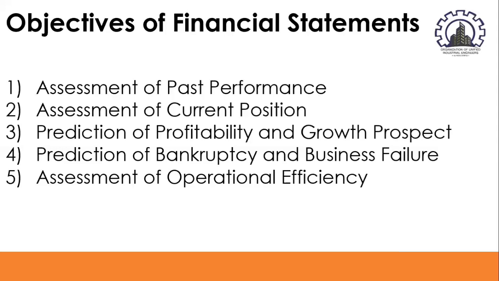And finally, we have assessment of operational efficiency. Financial analysis, remember, can also assess a company's operation through comparison of previous years' operations and an assessment of potential future operations using the planned operations. Okay, so these are our 5 objectives of financial statements.